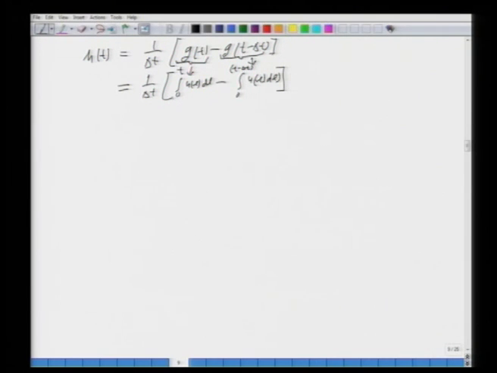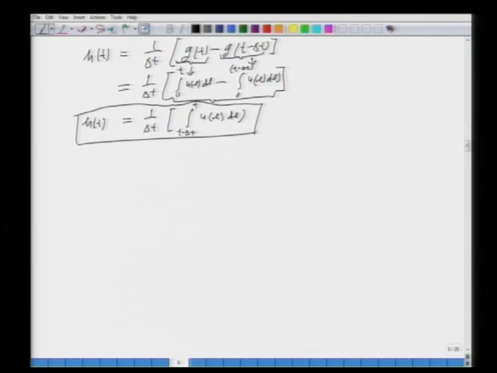What is this? Using your knowledge of integral calculus, you can say that this is 1 over delta t times the integral. One integral goes from 0 to t, the other goes from 0 to t minus delta t. So, essentially what you have is the integral from t minus delta t to t of your u lambda d lambda.